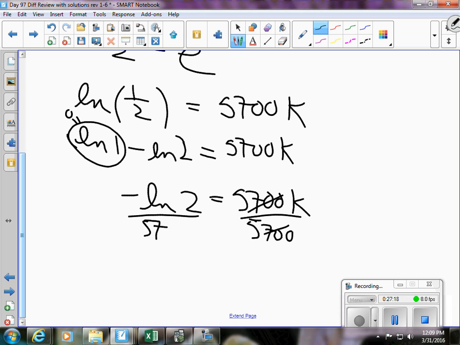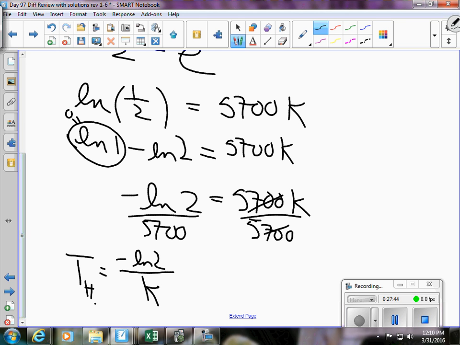Now, you don't have to do all this work I just did if you know the formula for half-life. The time it takes for quantity to halve, who knows it? Negative ln of 2 over K. So if you cross multiply and solve for K, K is always negative ln of 2 over the half-life. See that?